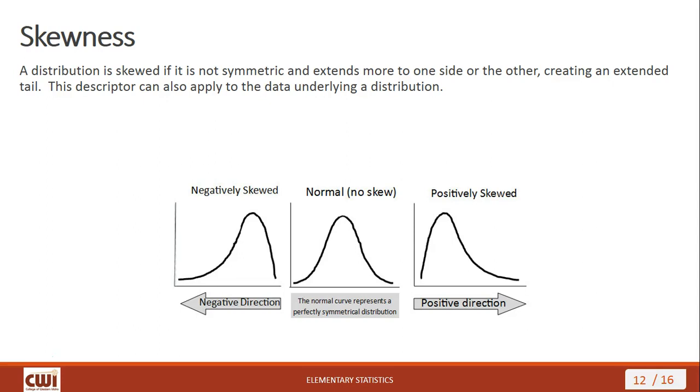So let me just explain what we're doing with skewness. Normally, when you see a normal distribution, you've got this characteristic bell shape like you see in the middle. And that's what we really want to see. There's no skewness to the data. But if you shift the data one way or the other, so if you shift the data over to the left side of the graph, that creates this longer tail here on the right.